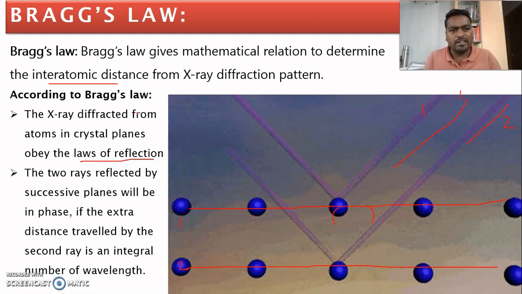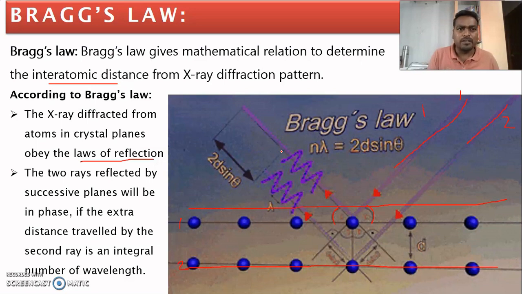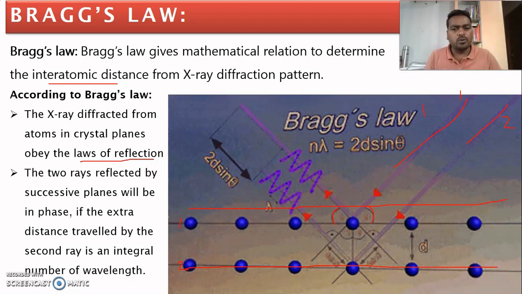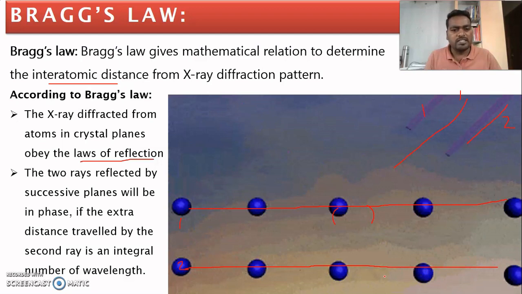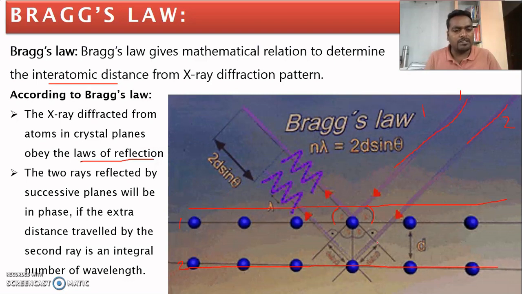So according to Bragg, when you pass X-ray radiation through the crystalline sample, the reflection obeys the laws of reflection, and of the two rays which are reflected after passing through the crystal, one beam passes more distance compared to another. Here you can observe beam 1 and beam 2. Beam 2 passes more distance compared to beam 1.